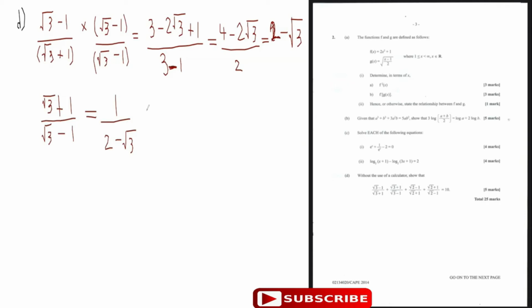All right? And then I can actually rationalize this, by multiplying it by 2 plus root 3 over 2 plus root 3.